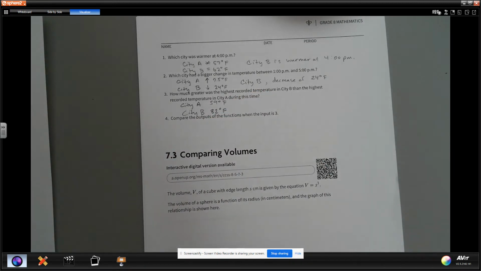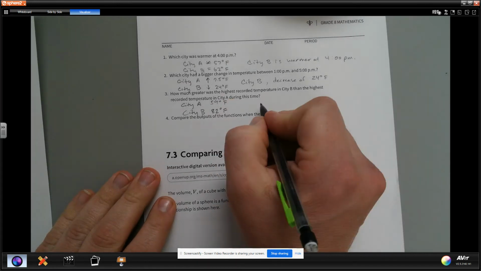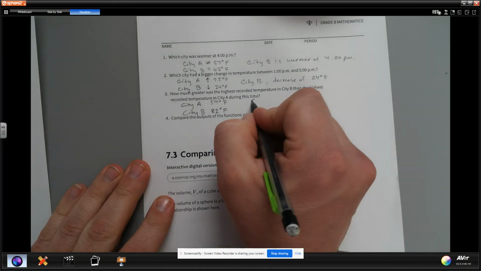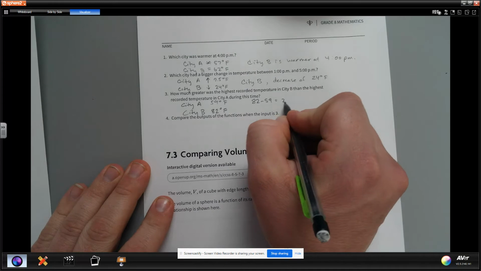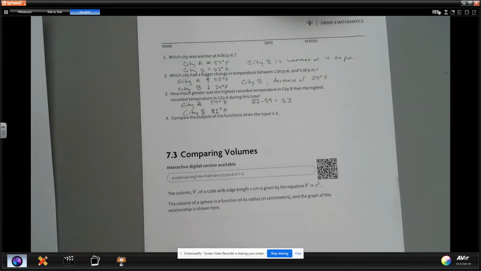So we'd have 82 minus 59, which is 23 degrees. So there's a 23 degree difference between the two cities.